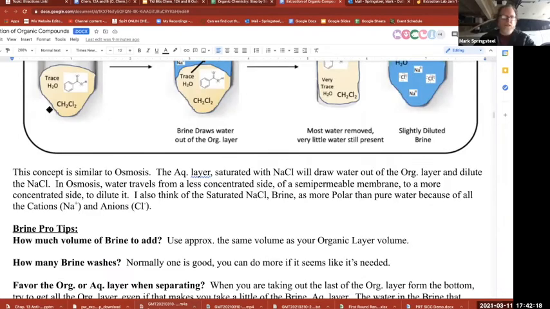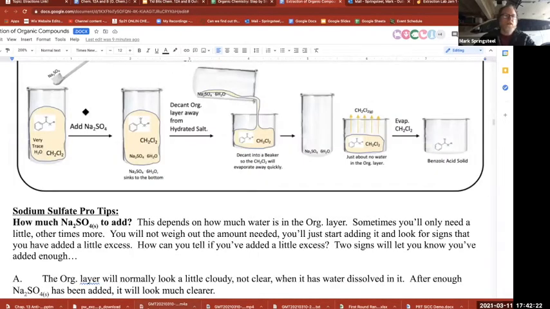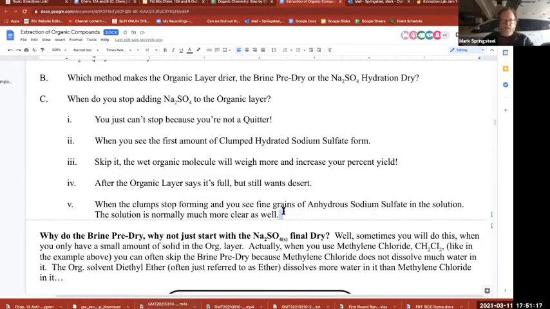So maybe Jesse had a little more water, so he's just going to slowly add sodium sulfate, clumping. Oh, it's not clumping, I can see the grains. I've added enough. Elagosa was doing the same thing, but she didn't have to add as much. It stopped clumping sooner. But either way, they're both dry.